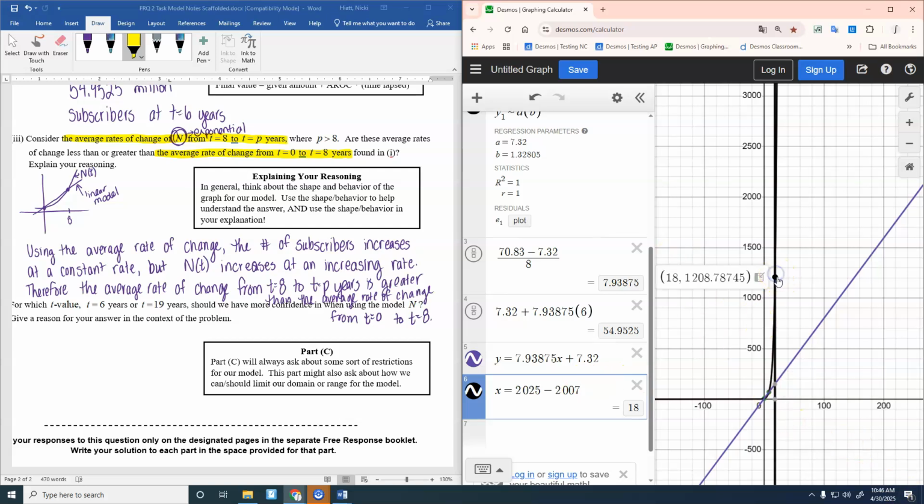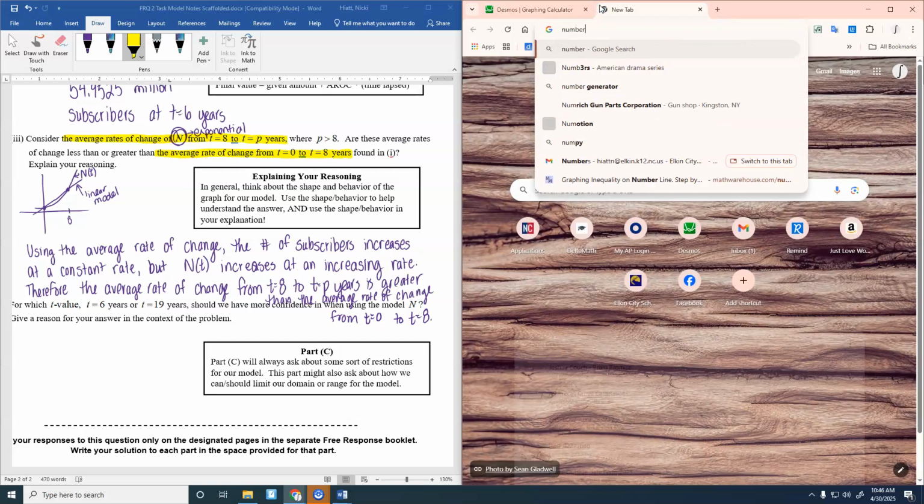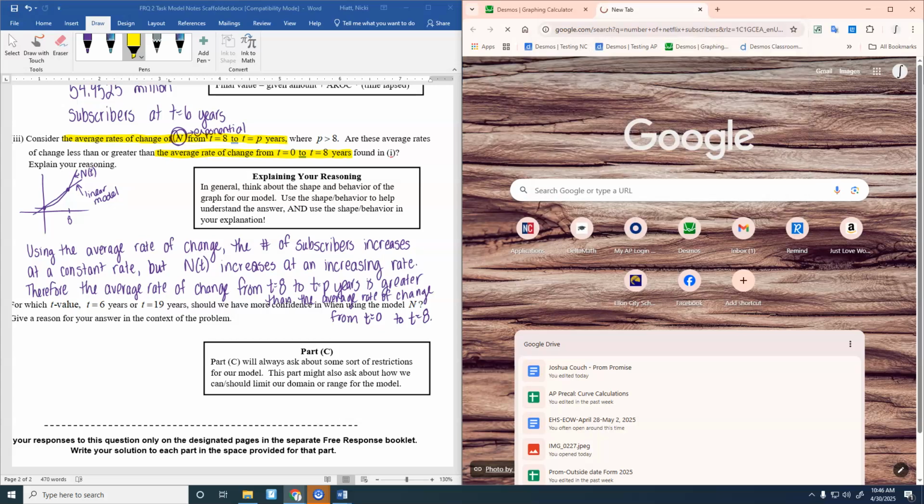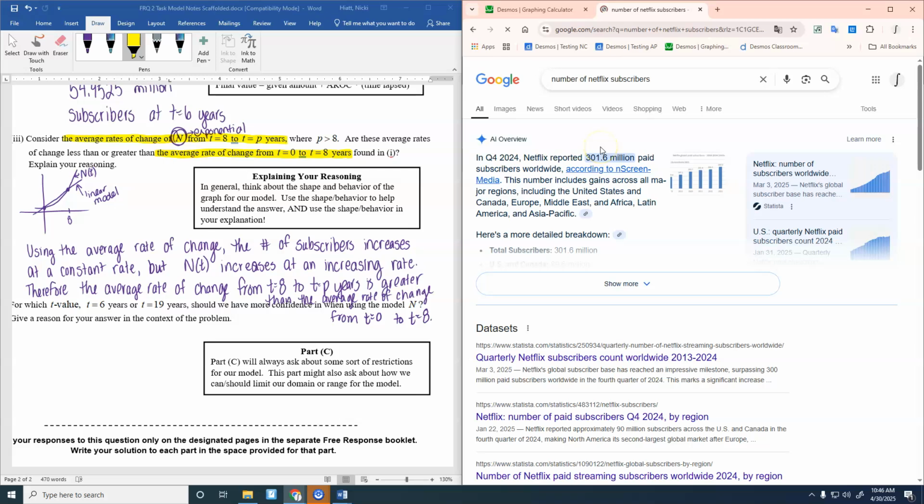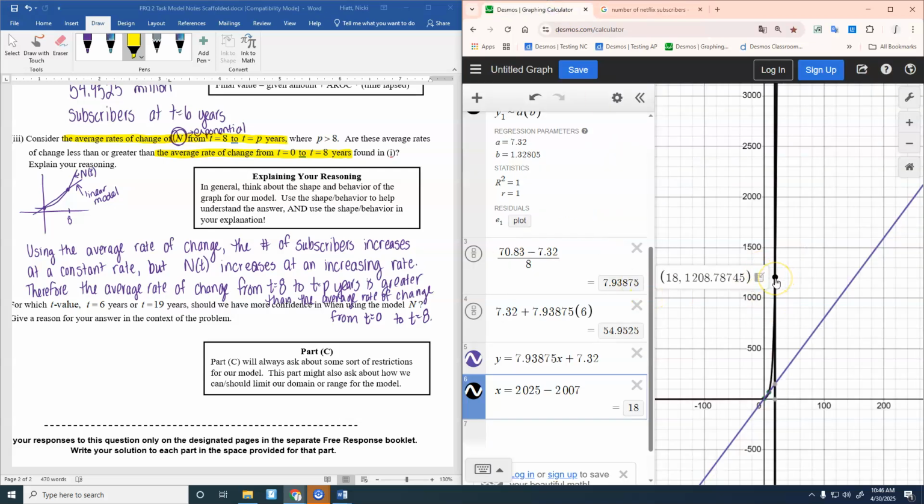So we'd get 1.2 billion subscribers. I wonder what it actually has. $301.6 million. So it already doesn't work, right? It's continued to increase, but it already is not applicable for our situation, because this can't happen forever. There's a limited number of people on the planet that can be Netflix subscribers, right?